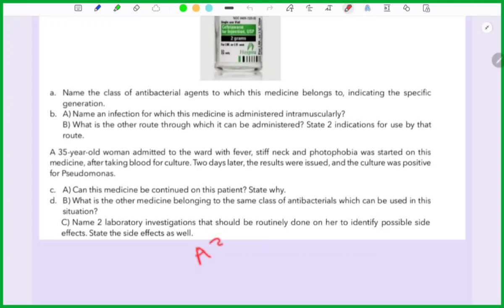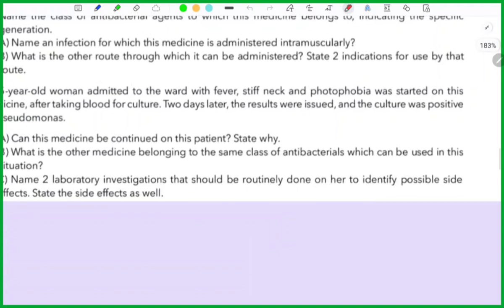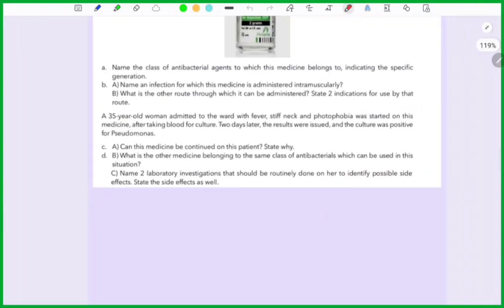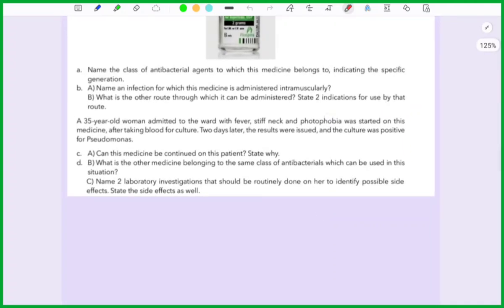The word that you should specially note is routinely. There can be many lab investigations, but they are asking about those investigations which we can do routinely.